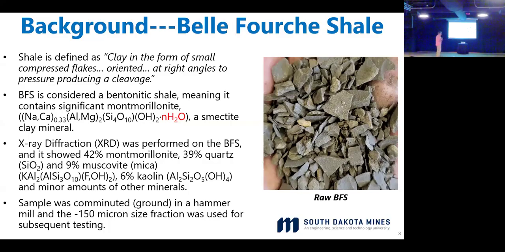Now we'll see that this particular mixture isn't ideal, and we're going to have to do some processing. But we comminuted it, ground it in a hammer mill down to a very fine size fraction. So we took that material and ground it very, very fine, roughly down to the diameter of a human hair. So it's a powder at this point.